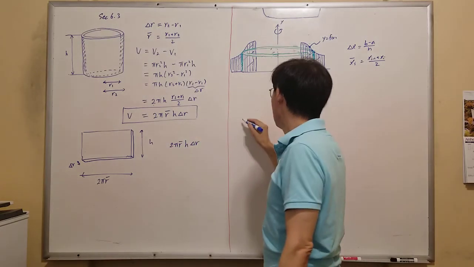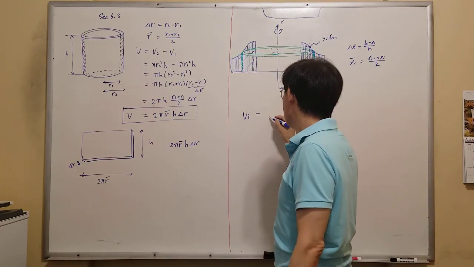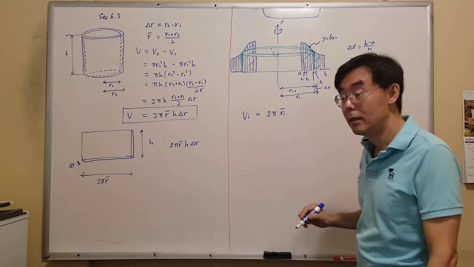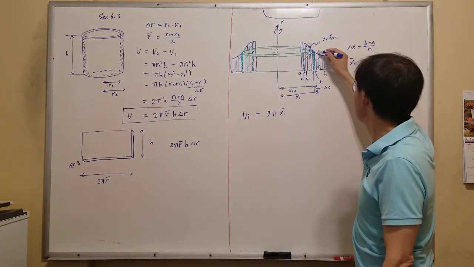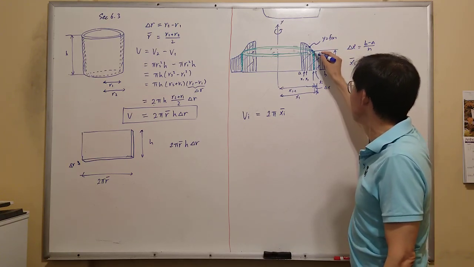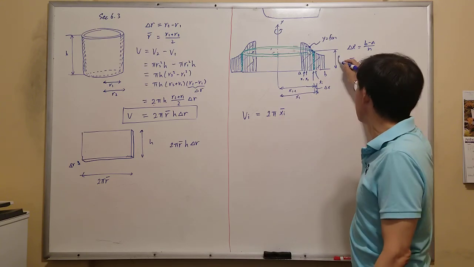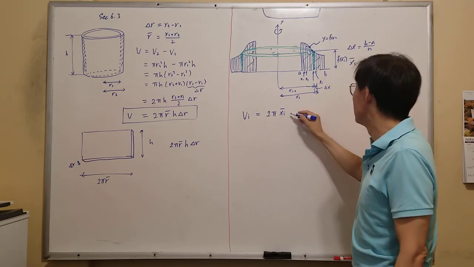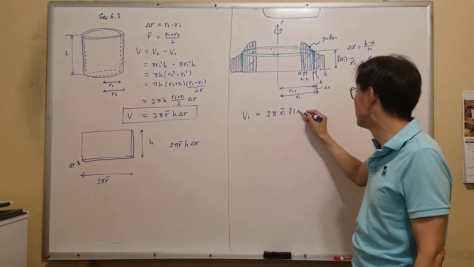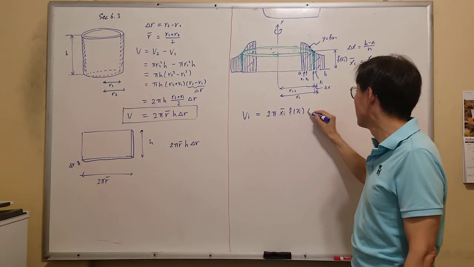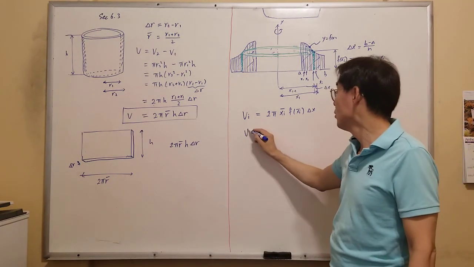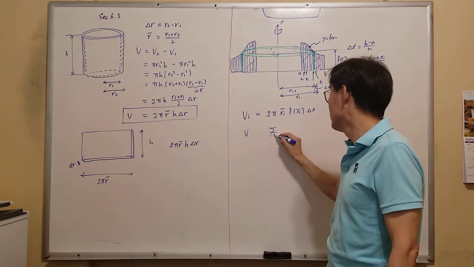So then the volume of the ith shell is 2 pi x_i bar. The height, we can use the height at the middle point, all right? f of x_i bar. The height is the function value here. Times delta x instead of delta r. So your volume will be approximated by the addition of this.